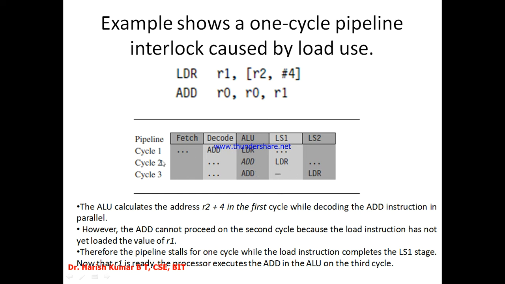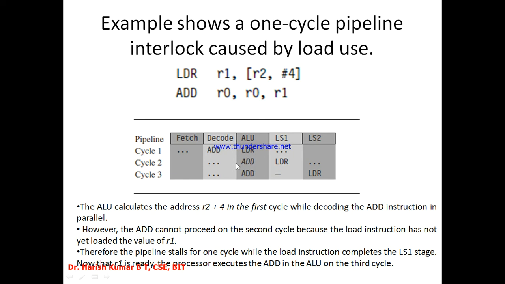Now in clock cycle 2, the addition is not executed. In clock cycle 3 it is executing. Why? In clock cycle 3, LDR has finished writing to the register R1, and that is immediately forwarded back to the ALU input and is available for the add instruction, and it gets executed. So this one cycle delay is there, a one cycle pipeline stall.